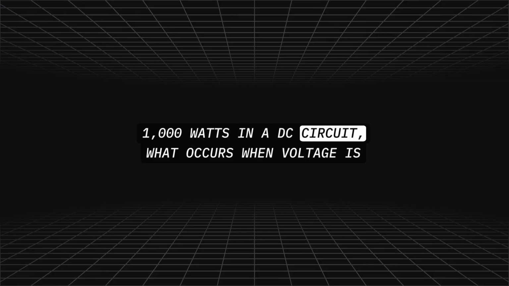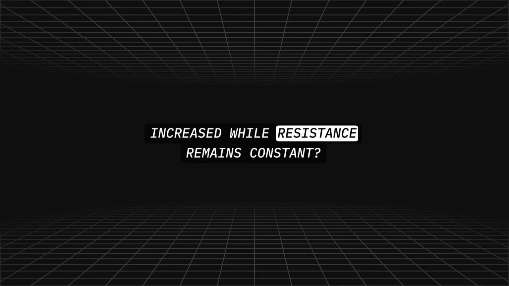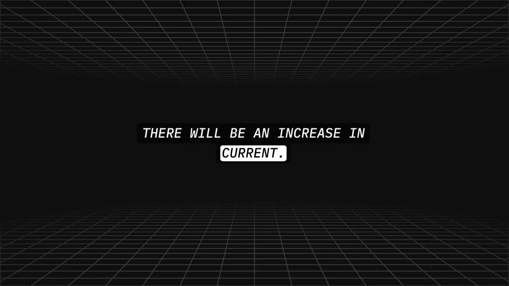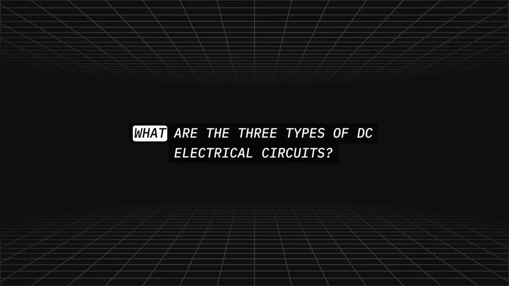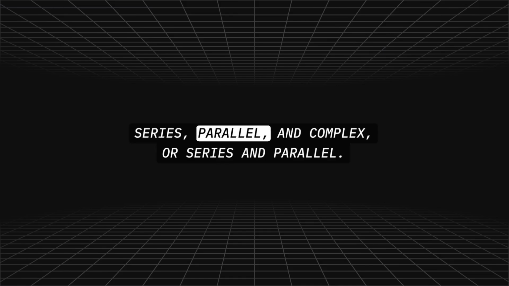In a DC circuit, what occurs when voltage is increased while resistance remains constant? There will be an increase in current. What are the three types of DC electrical circuits? Series, parallel, and complex, or series and parallel.